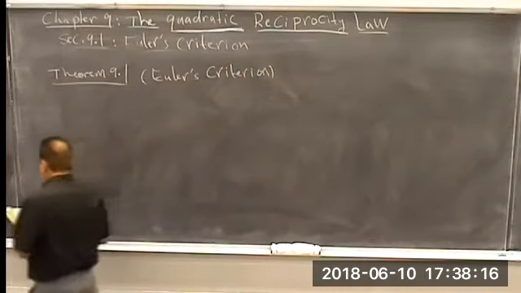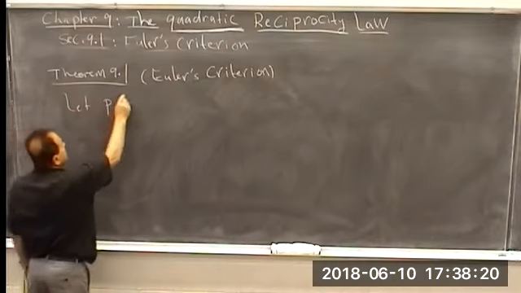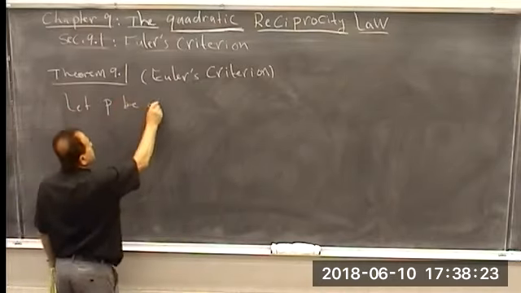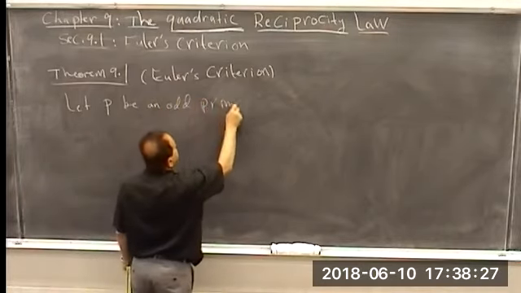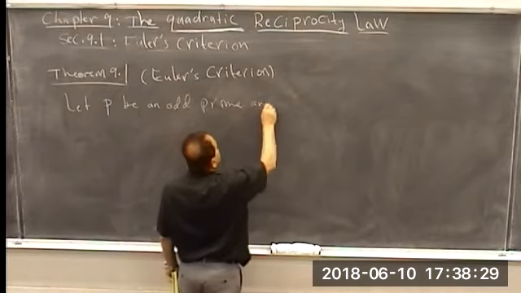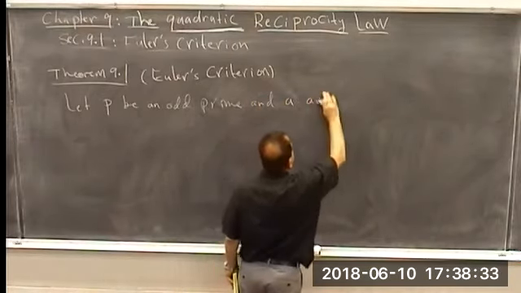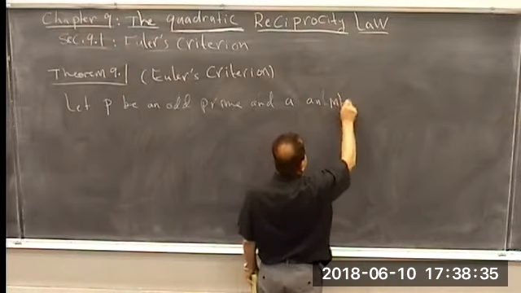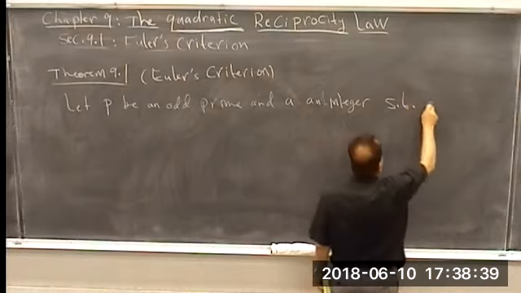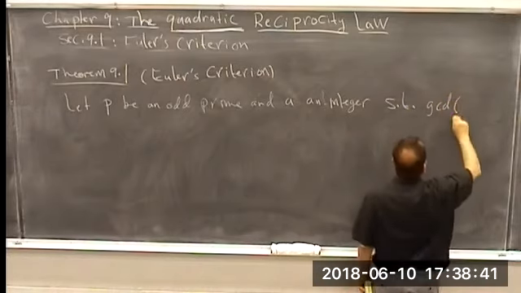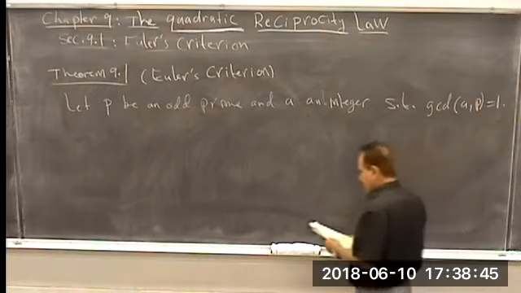It looks like this. Let p be an odd prime and a an integer such that the greatest common divisor of a and p is equal to 1.